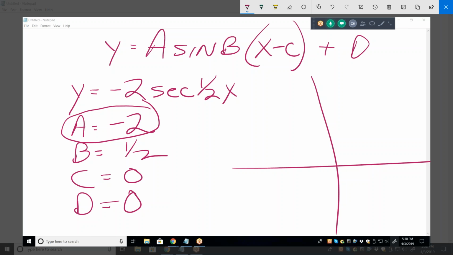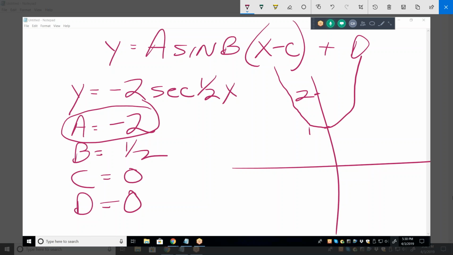Okay? So, if I was going to draw, let's just draw the secant curve. A normal secant curve would be the inverse of the cosine, which means it sits on tops and bottoms of the cosine curve. You with me?